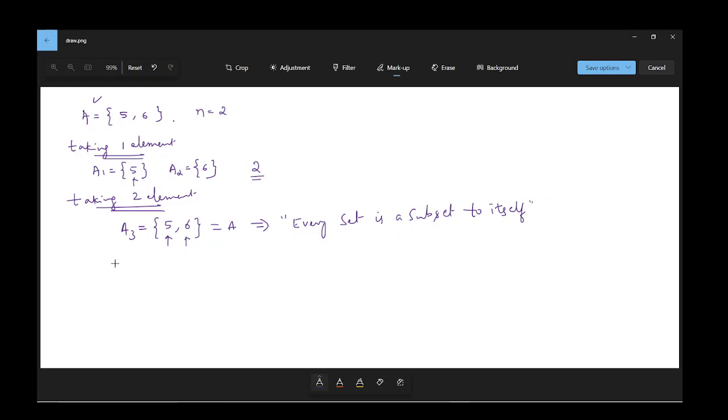And one more note we have to take is that the empty set is also a subset of a set.